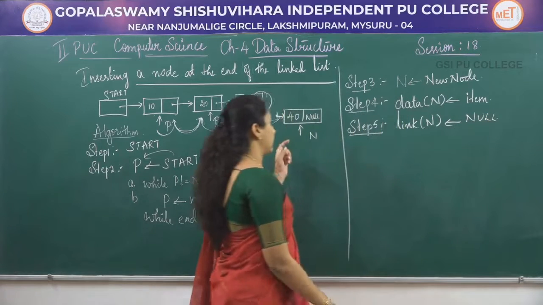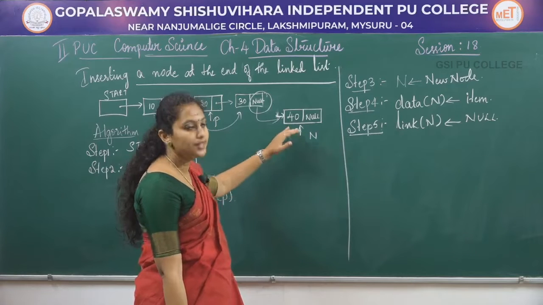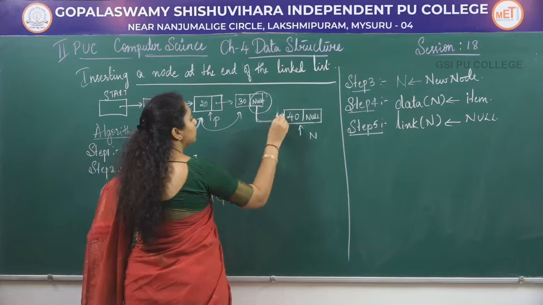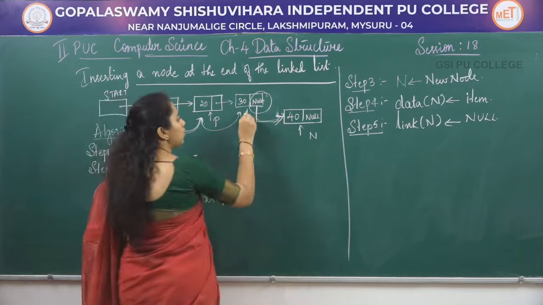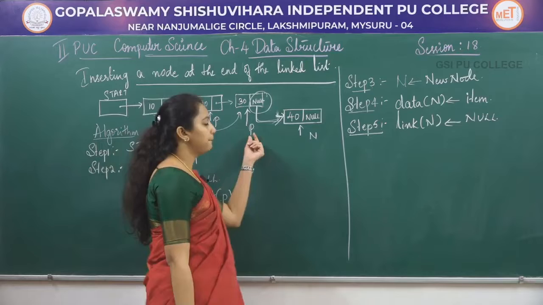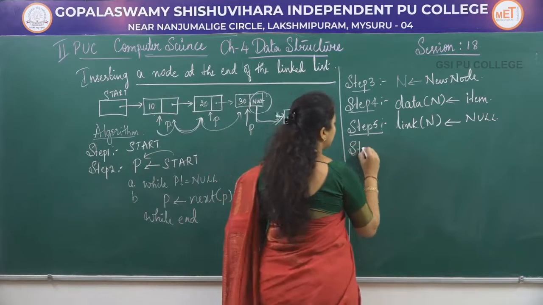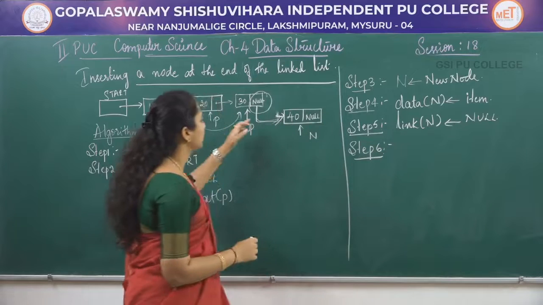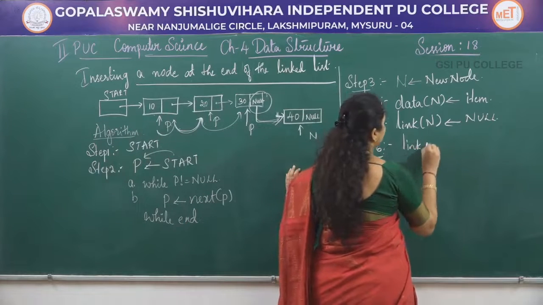So after creating this new node, what do we have to do? We have to create a link from the last node to the new node. So now this node will be P, that is pointer P. So we are creating a link to the new node, that is link of P equals n.